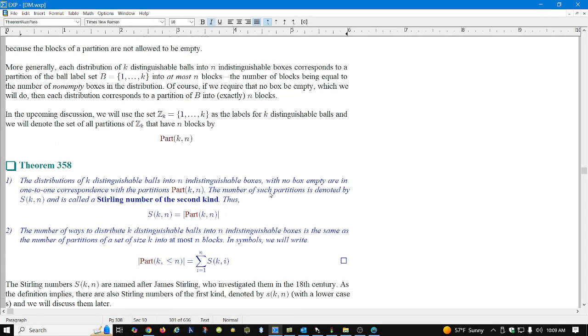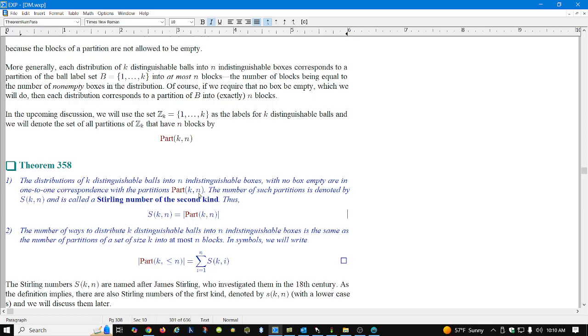So what we have learned is that the distributions of k distinguishable balls into n indistinguishable boxes with no box empty are in one-to-one correspondence with the partitions in this set. The partitions of a set of size k, in this case Z_k, into n blocks.